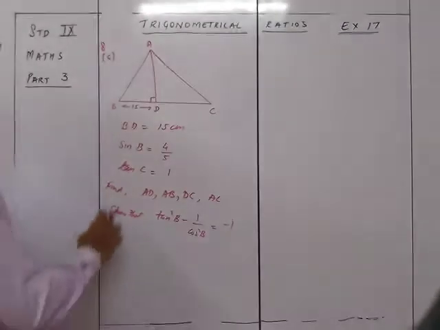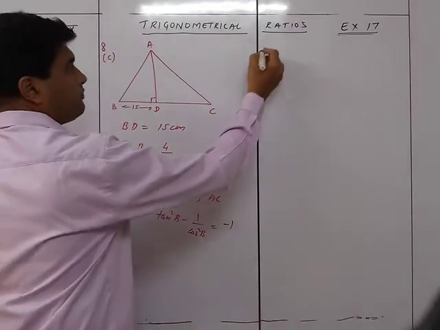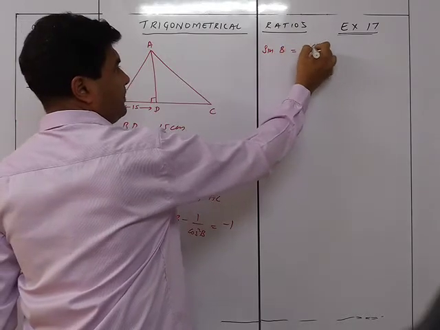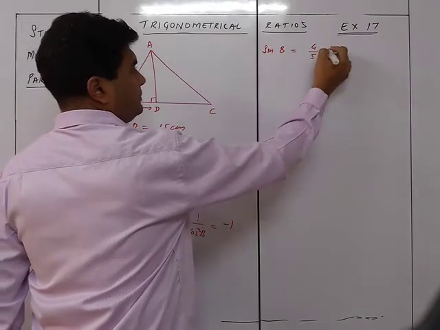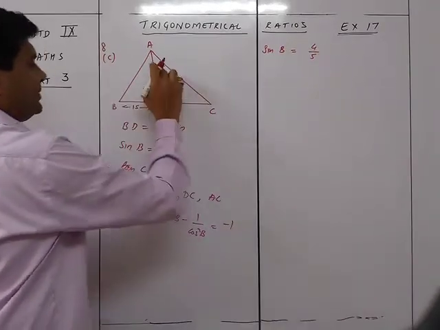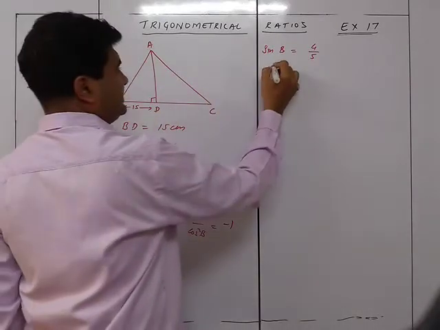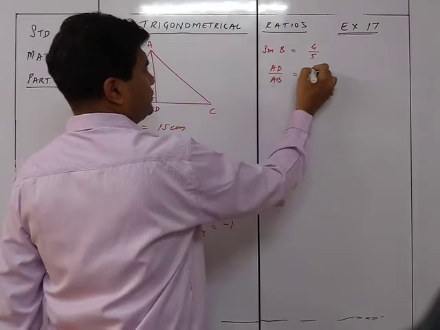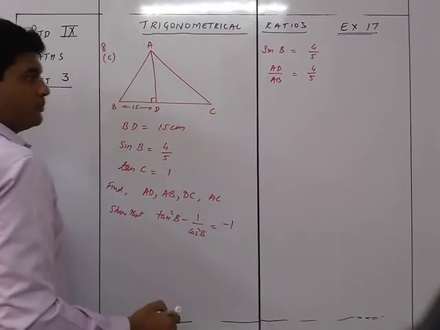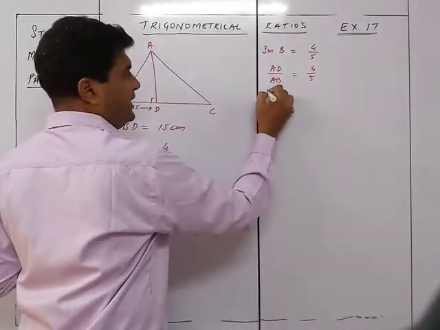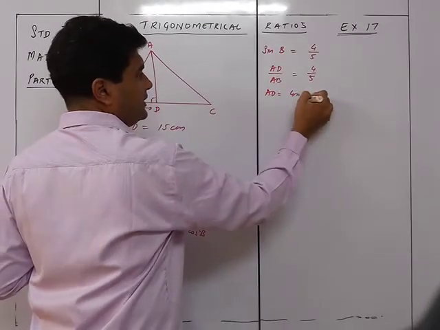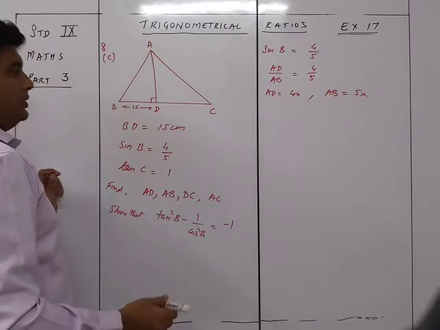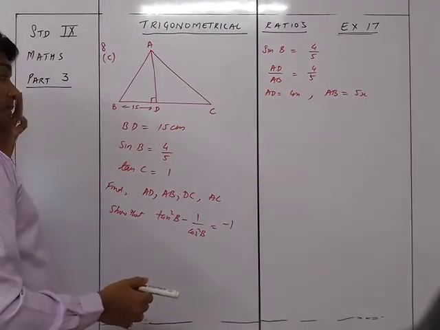So firstly we'll take this one, sine B. Sine B is equal to 4 upon 5. Now sine B is nothing but opposite upon hypotenuse, that is AD upon AB is equal to 4 upon 5. Therefore AD is equal to 4x and AB is equal to 5x. Right?